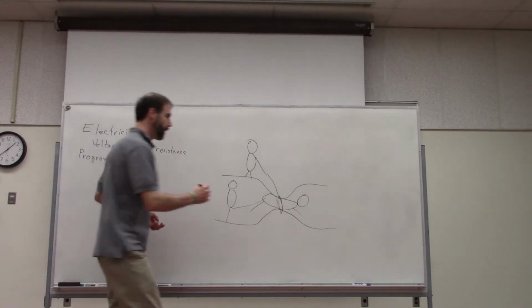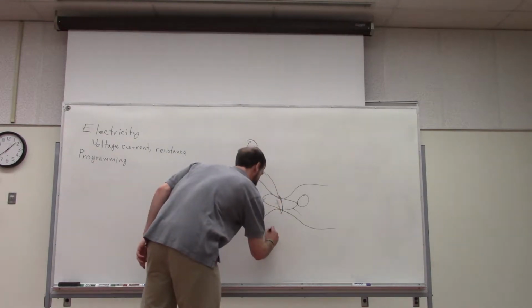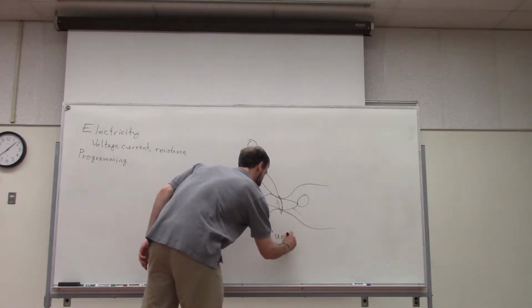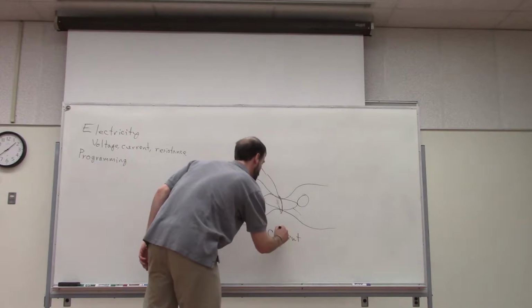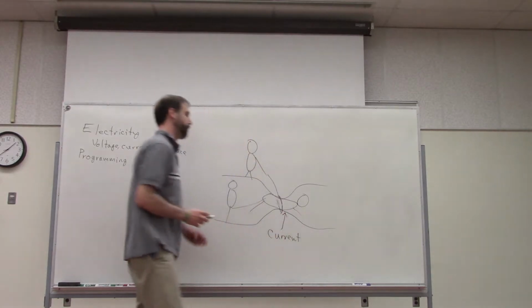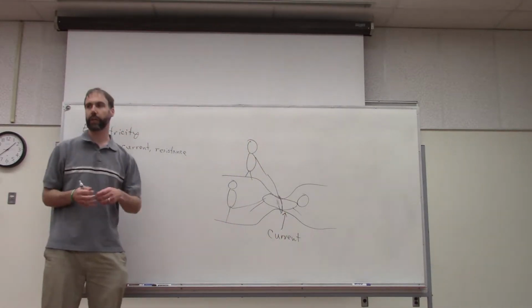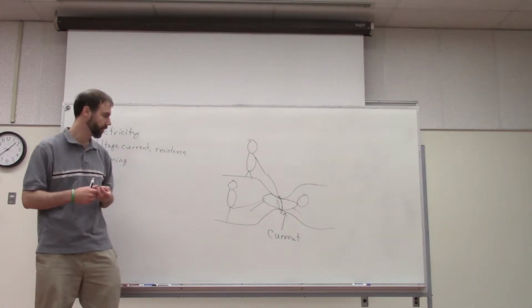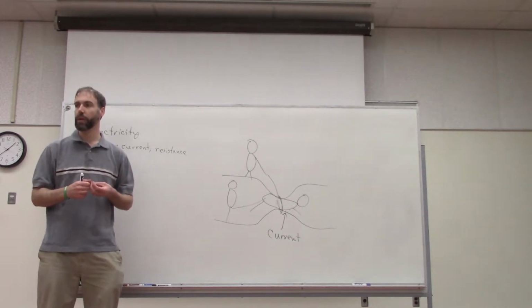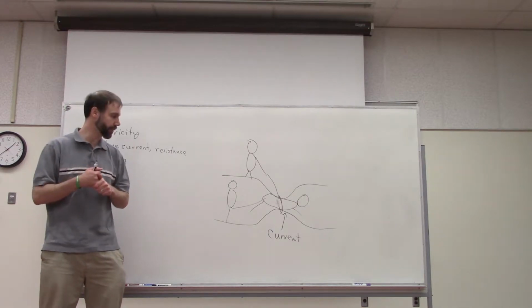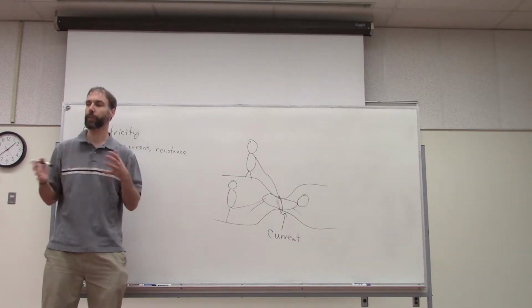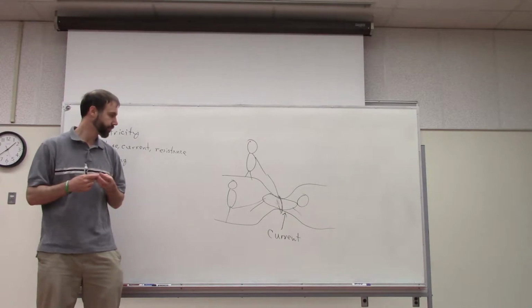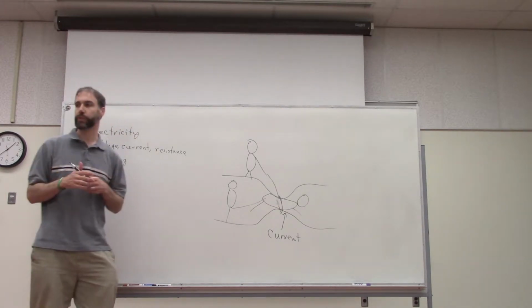Current, yeah, exactly. So current was the amount of electricity that is flowing through a circuit or through part of a circuit. On the drawing, though, it's the same thing as amperage, right? Yeah, current is another name for amperage. They both mean the same thing. And we'll talk about units in just a second.